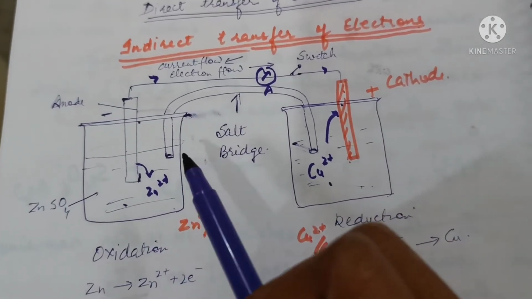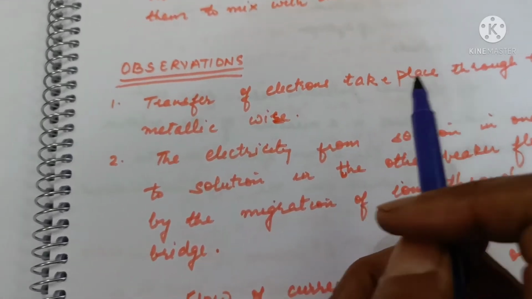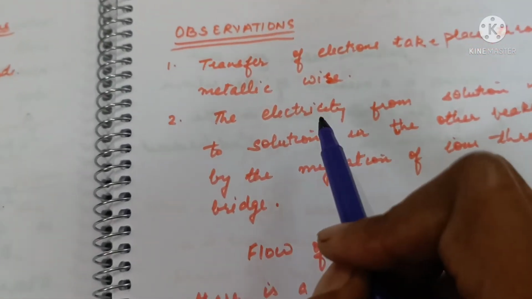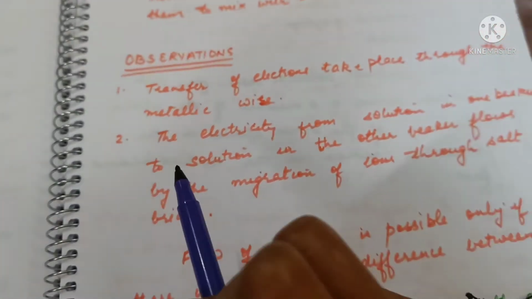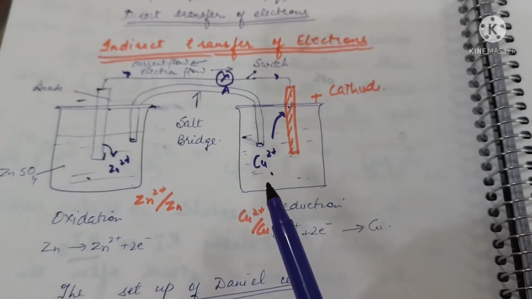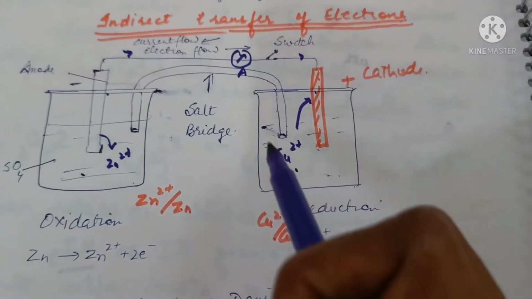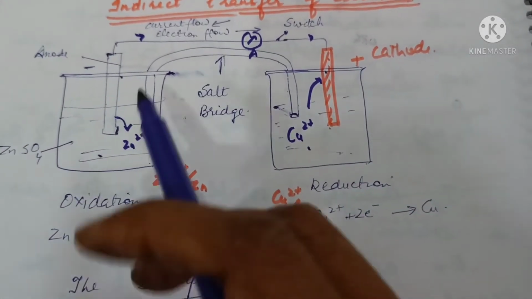So the observations in the setup of a Daniell cell is transfer of electrons takes place through the metallic wire. The electricity from solution in one beaker to the solution in another beaker flows by the migration of ions through the salt bridge.